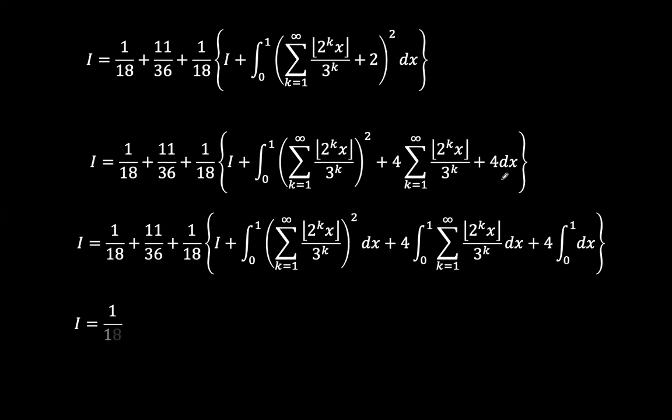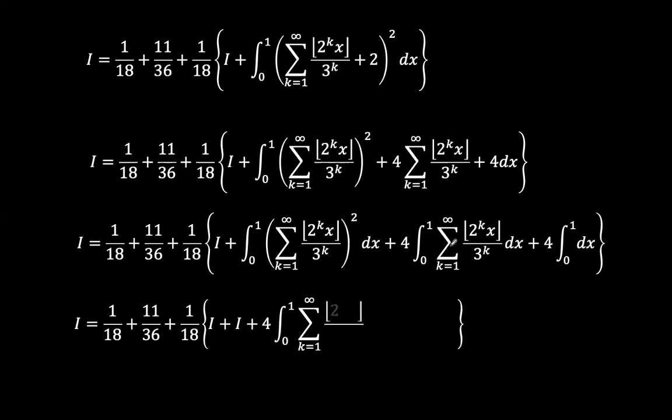So we can now separate this into 3 different integrals. And this here is interesting because now we can swap things, but this is the same as I. So we have 2 I's here, but now we need to solve this. And then this is a trivial integration problem.